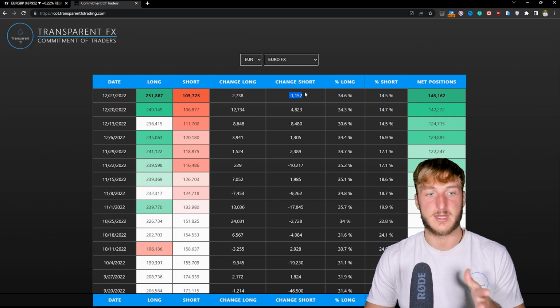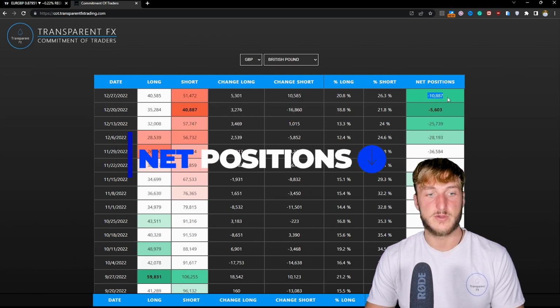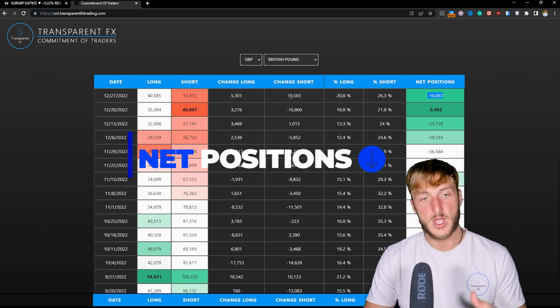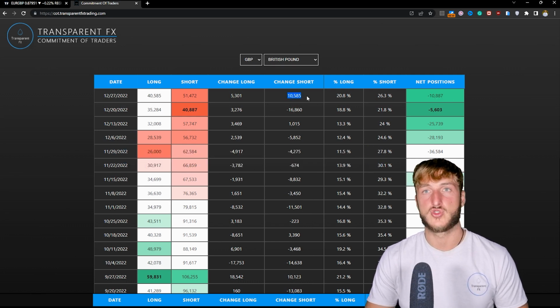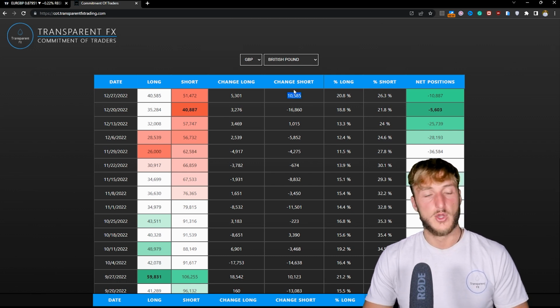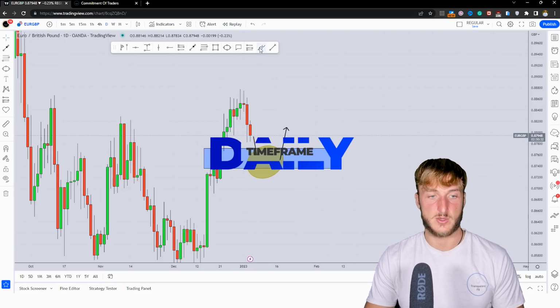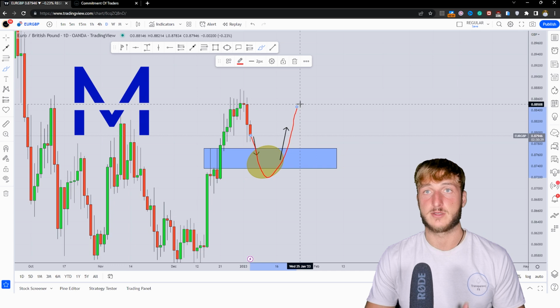So the euro is getting strong. We check the pound. We can see how the pound has decreased in net positions with the last report with 10.5k shorts added from an institutional perspective with the last report alone, which indicates that the pound is getting weaker, the euro is getting stronger, which is exactly what we need in order for this M pattern to complete.